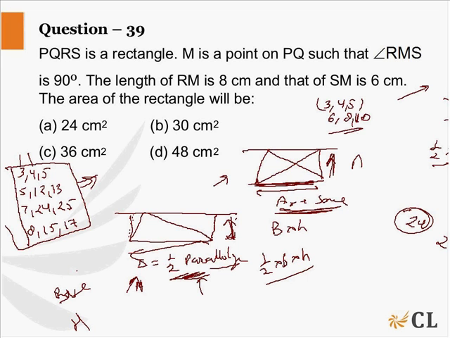So the triangle and the rectangle have the same base SR, and the height is also the same. That means the area of this triangle has to be half of the rectangle. Area of triangle I have already calculated as half 6 into 8, which is 24. I just need to double this, because the area of the rectangle has to be double of the 24.